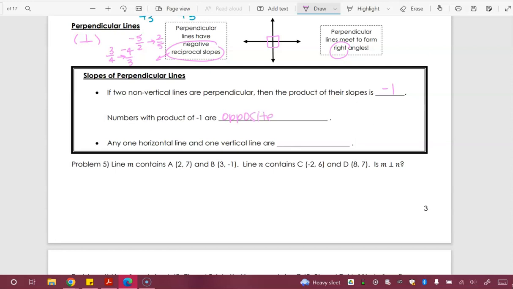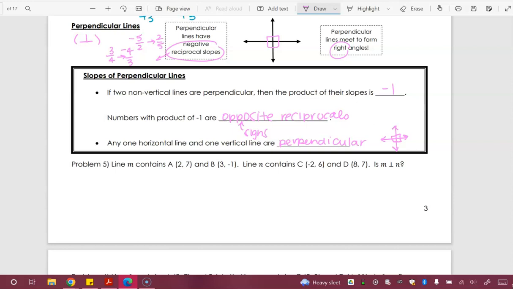I like the word opposite better, because opposite is referring to the signs being opposite. And any one horizontal line and one vertical line are perpendicular. That makes sense, because if I have a horizontal line and a vertical line, they intersect at 90 degrees.